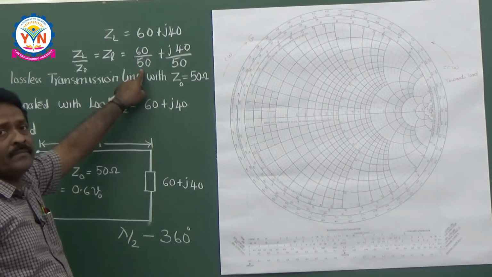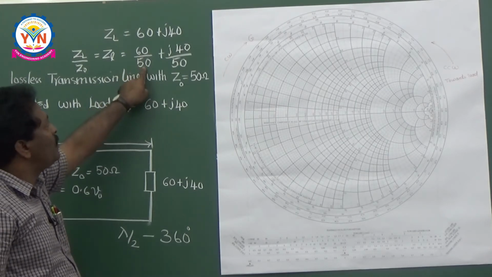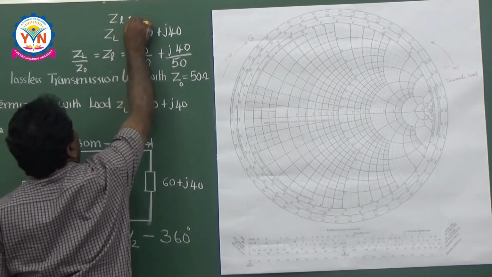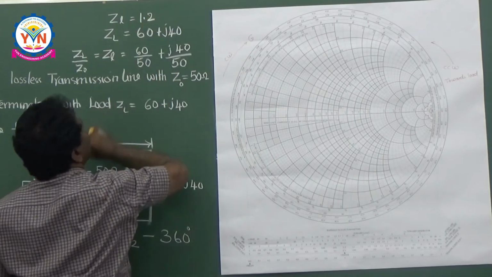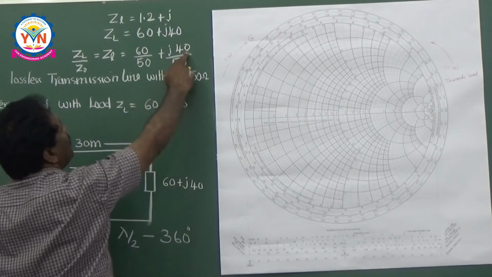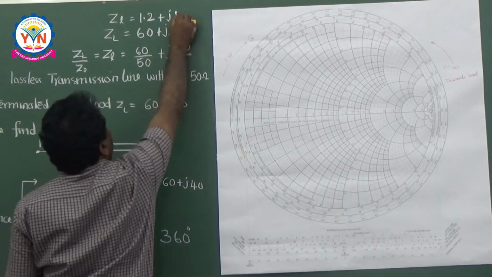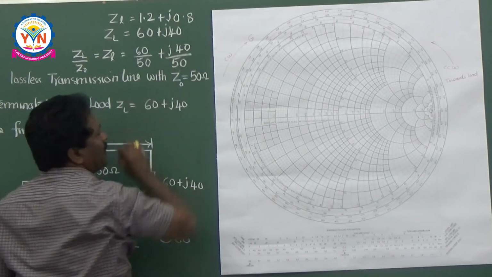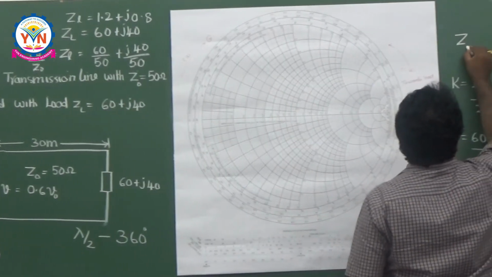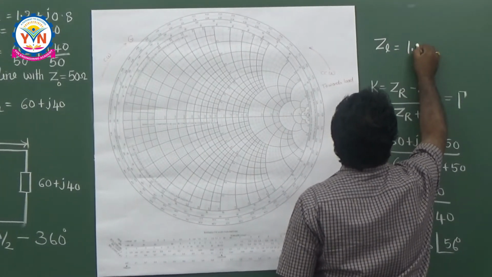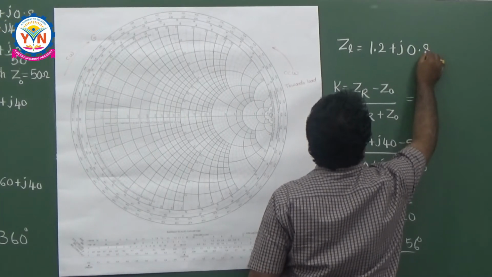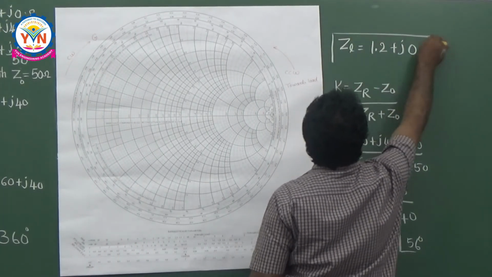I can say this is 1.2. So the normalized impedance is equal to 1.2 plus J. What is this? 40 by 50 means 0.8. So now listen. The normalized impedance is equal to 1.2 plus J into 0.8. It is a normalized impedance here.